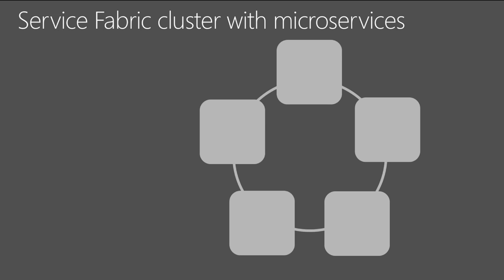And this cluster, by the way, will also run on a single box. So you can take that cluster that you're going to deploy out into the cloud and run the entire thing on a single machine. And that's how you do development on Service Fabric. You don't get some wonky emulator or simulated environment or anything like that.